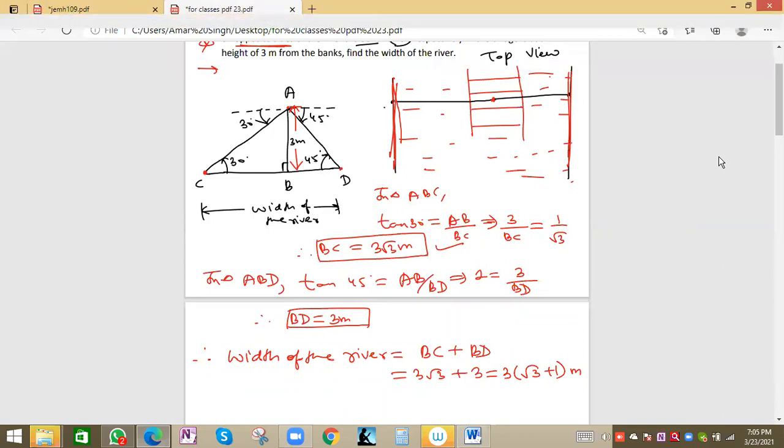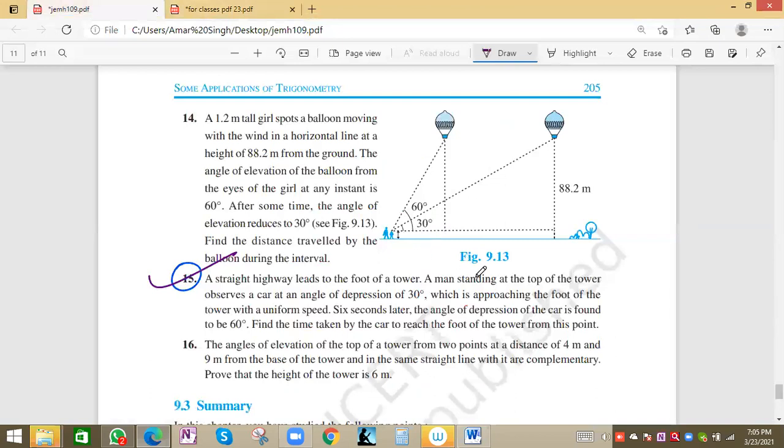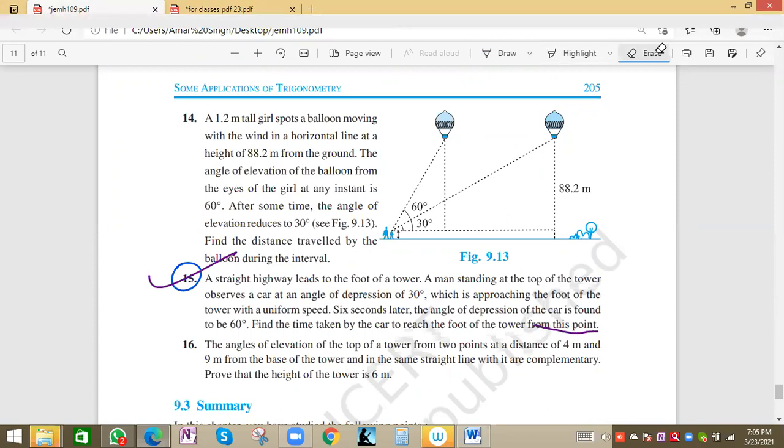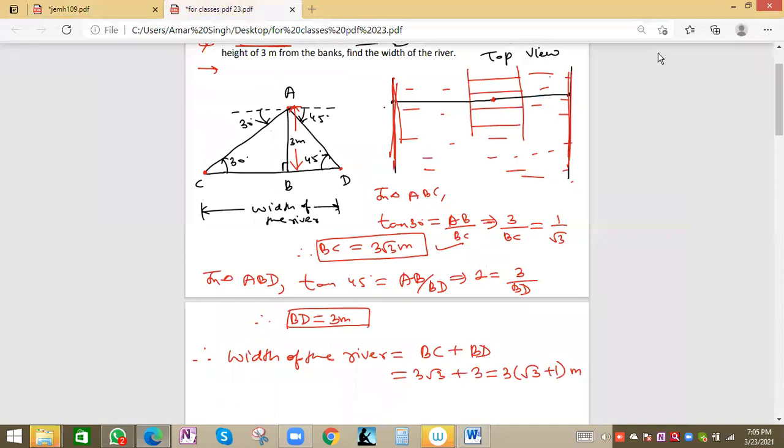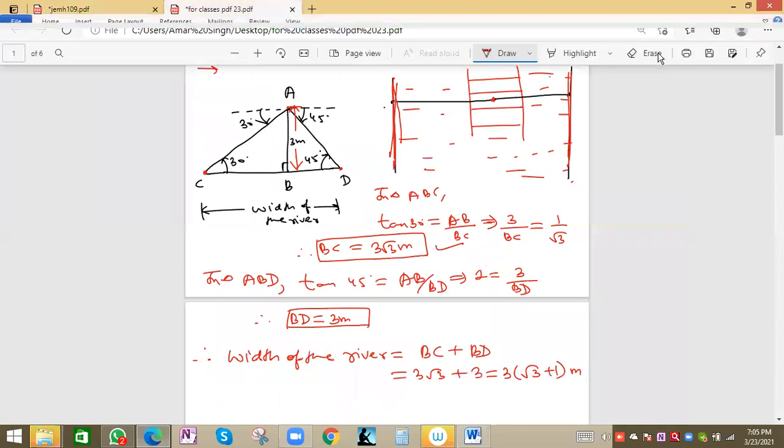Sir, can you show once again the question? Question is here. Yes, sir, done. No, okay. Please try, and others will also try after noting the solution of previous question.